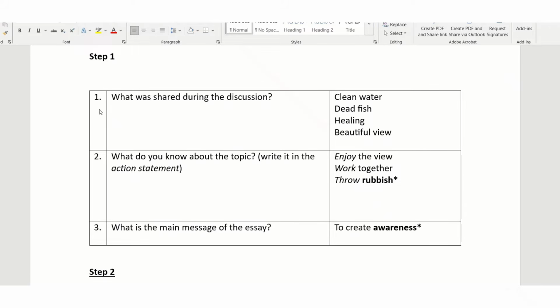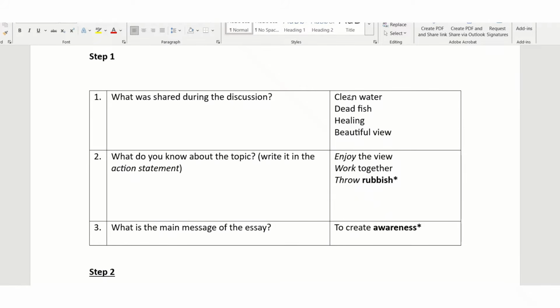Okay, so the first question is, what was shared during the discussion, like this imaginary discussion. So they can write very quickly some keywords based on that discussion, like clean water, dead fish, healing, beautiful views.